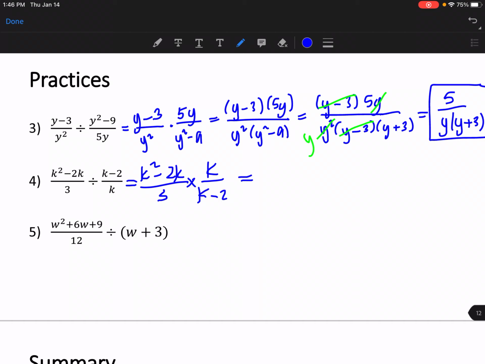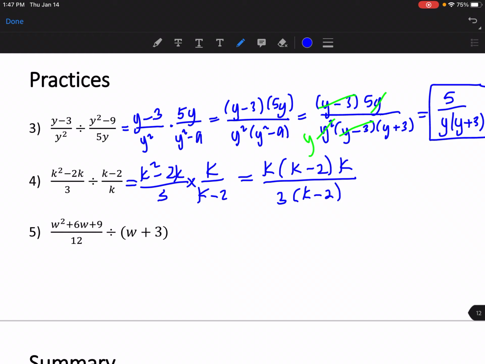Alright, I have k squared minus 2k. Do they have anything in common? Can I factor something out? I can factor out a k, and I'm left with k minus 2 times another k all over 3 times k minus 2.